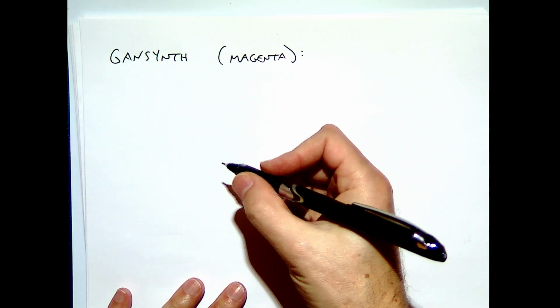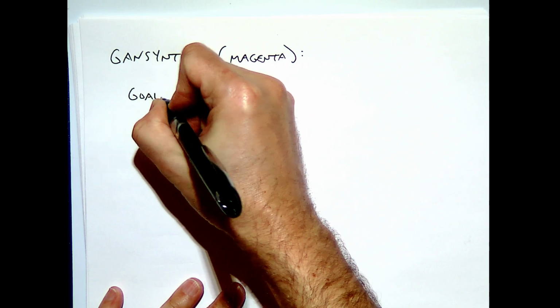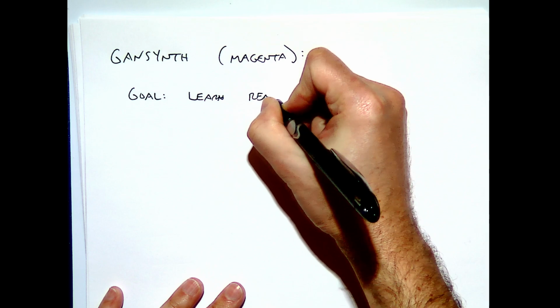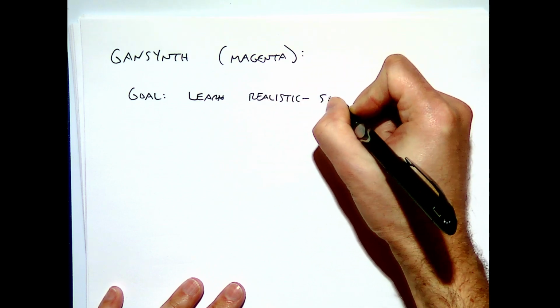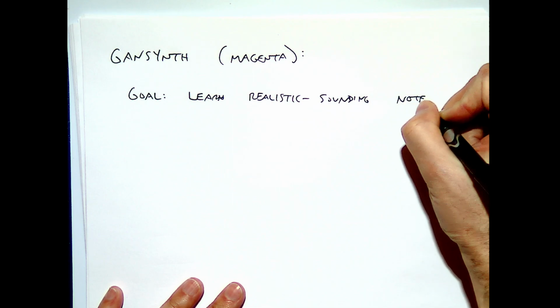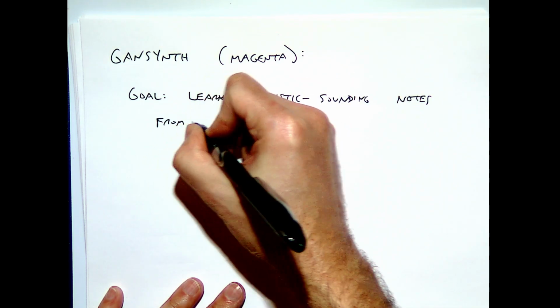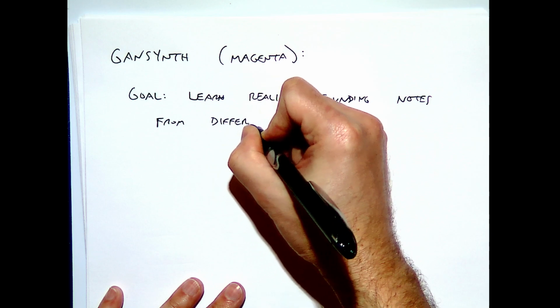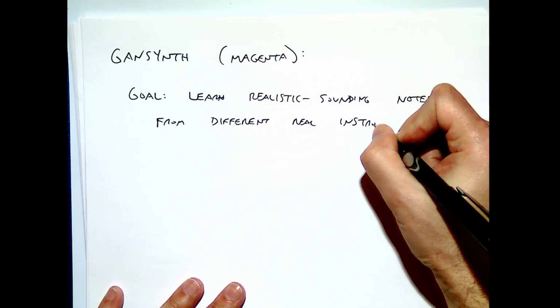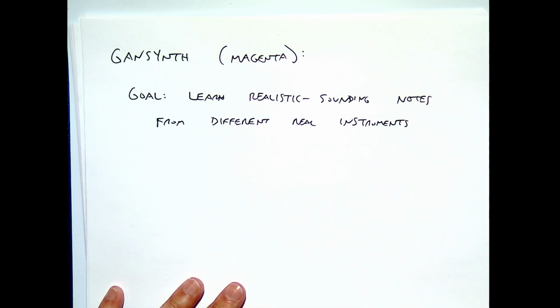So the goal is to learn realistic sounding notes from different real instruments. So it's definitely going beyond that MIDI sound with an emphasis on actually duplicating what instruments sound like, right?